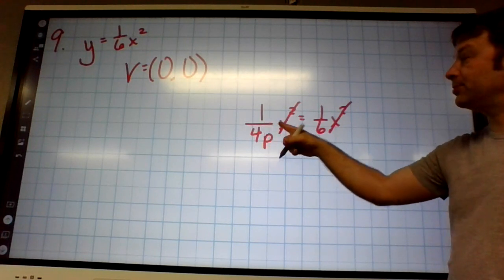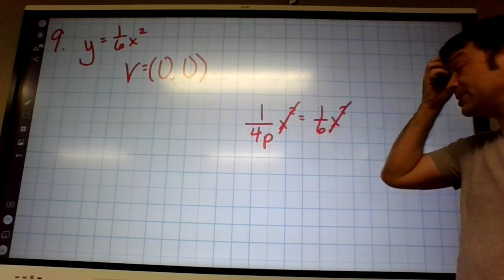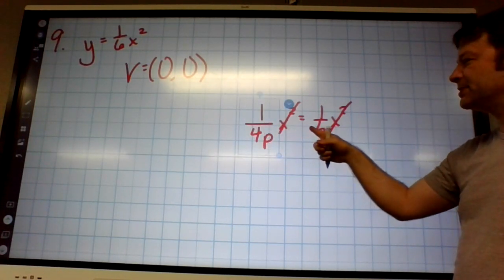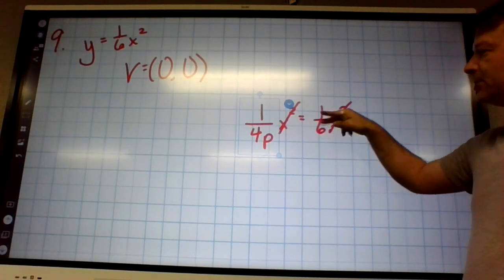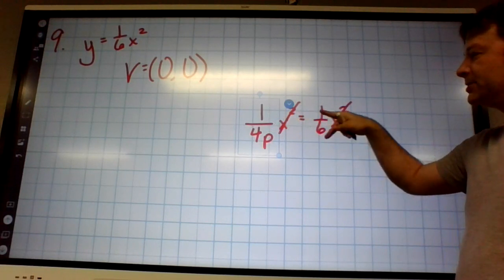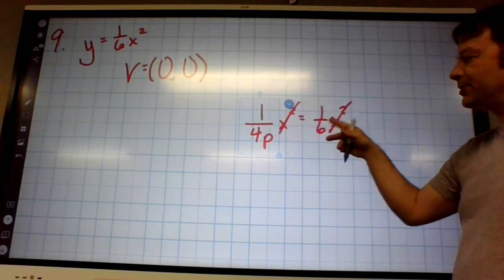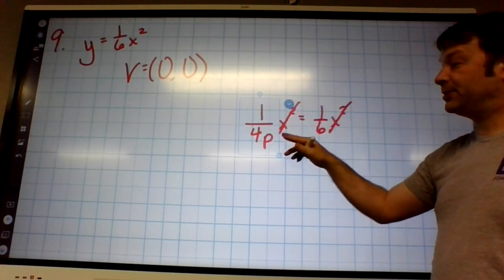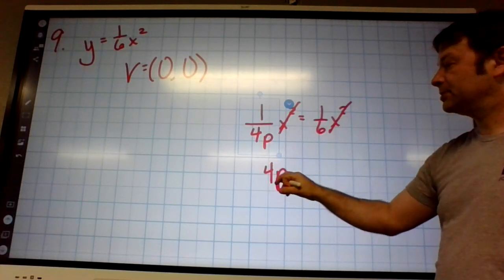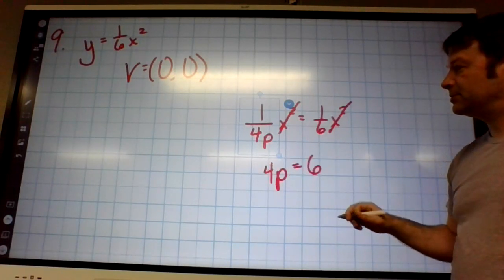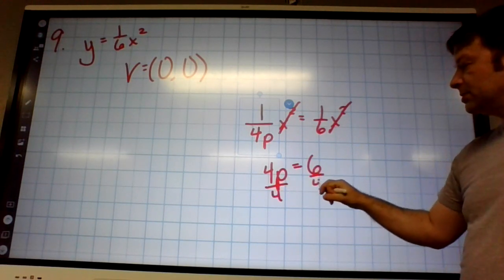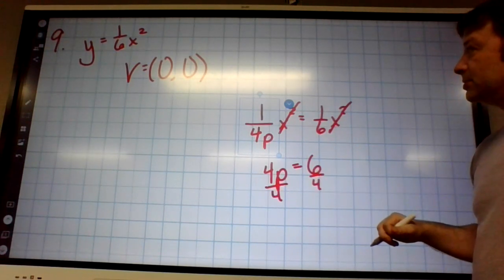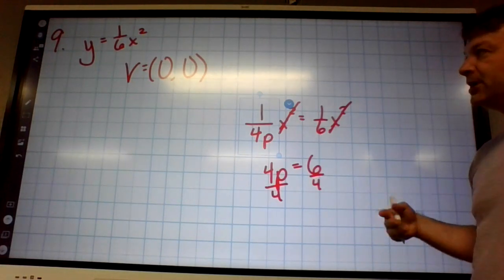So really you just need 1/4p equals 1/6. How could we solve this? You could cross multiply. I usually just flipped them both, because if these two things are equal, their reciprocals are equal. So if you flip them, 4p equals 6. So p is 3/2 or 1.5.